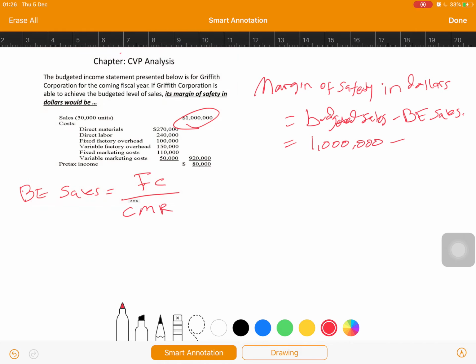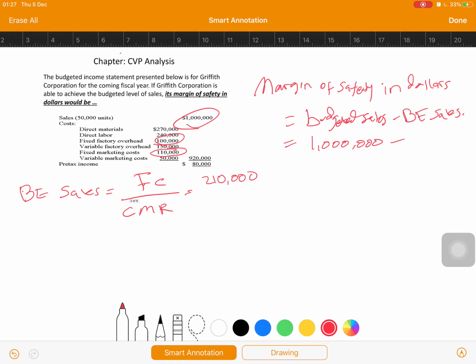Fixed costs here, there are two items, 100,000 and 110,000. So the fixed cost is 210,000. And how about the contribution margin ratio?